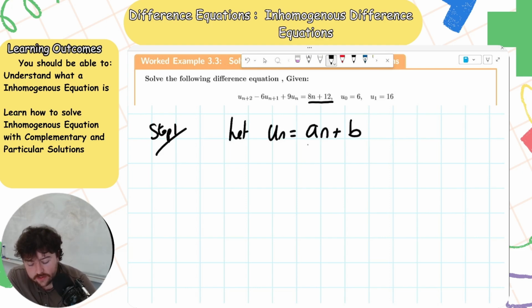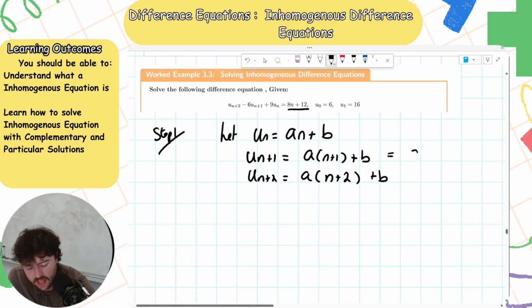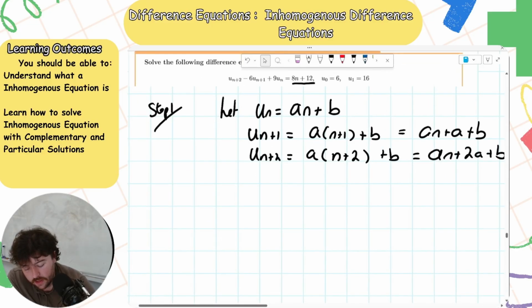So if u_n is equal to an plus b, u_{n+1} is equal to a times n plus 1 plus b, and u_{n+2} is going to be equal to a times n plus 2 plus b. So that here will be an plus a plus b, and here will be an plus 2a plus b.